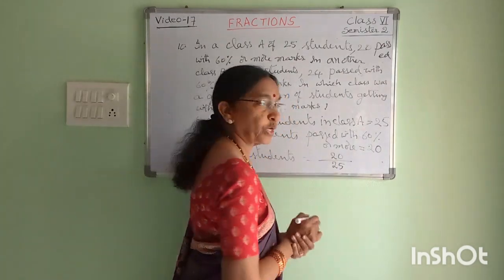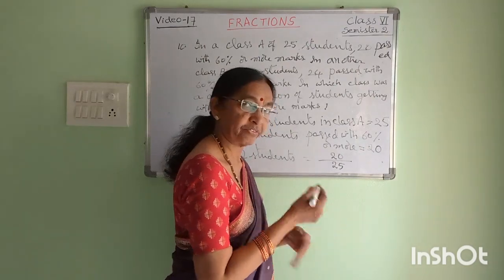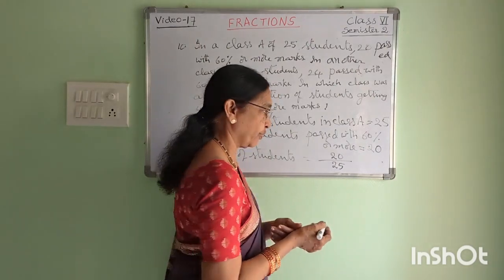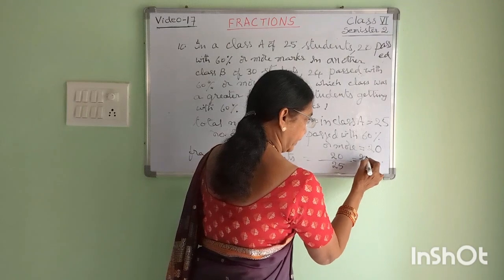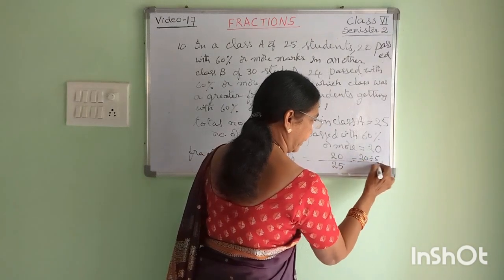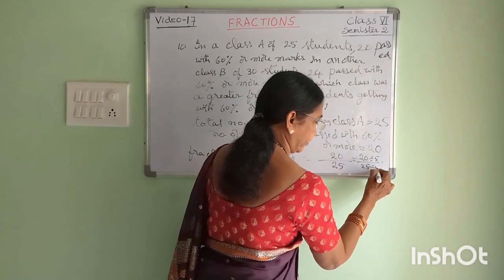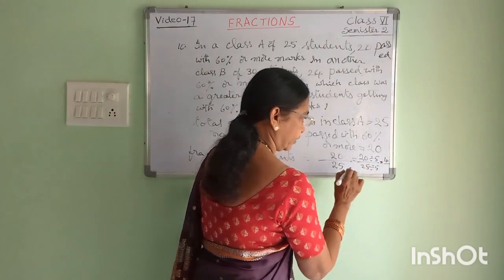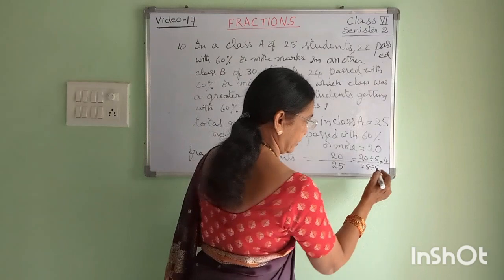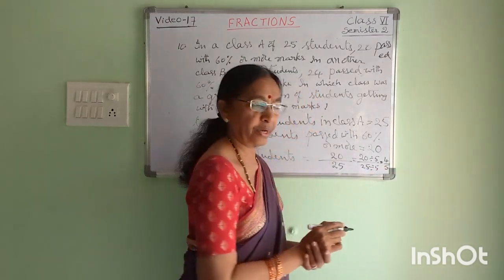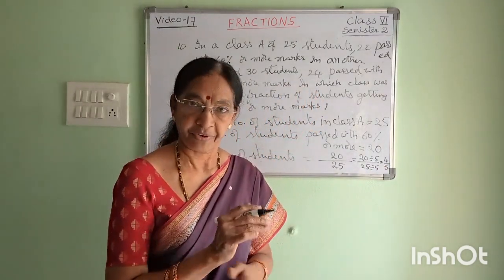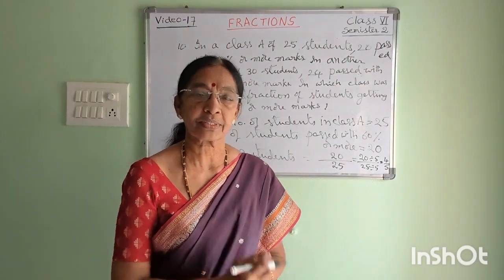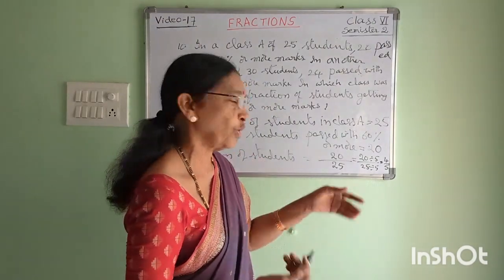Therefore, 20/25. Converting it into simplest form, 20 divided by 5 by 25 divided by 5. 20 divided by 5 is equal to 4 and 25 divided by 5 is equal to 5. Therefore, the fraction of students who got 60% or more is equal to 4/5 in class A.